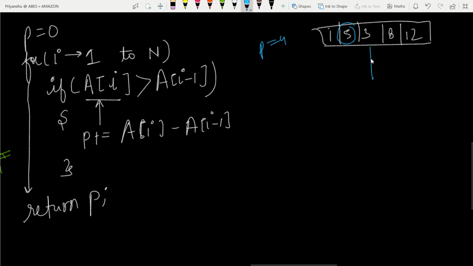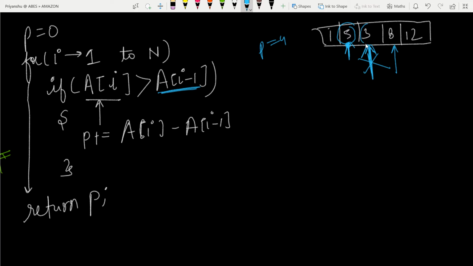Now our next element is 3. We compare it with the previous element, but this is not a peak, so we cannot get any profit. We move to the next element. Is it a peak?